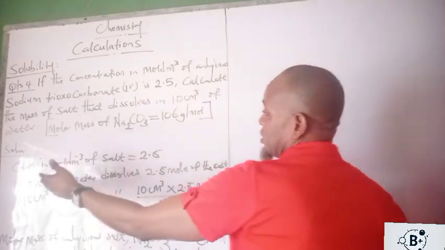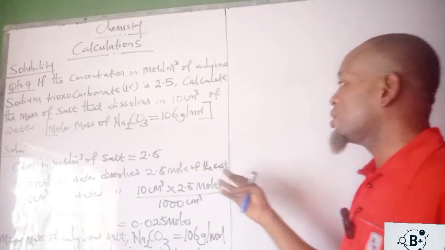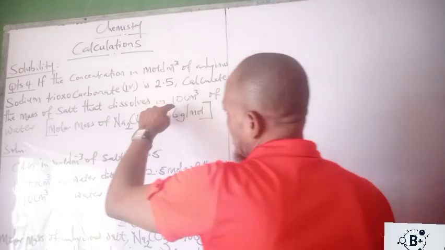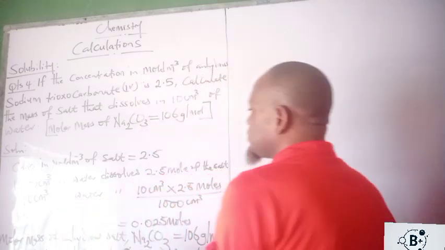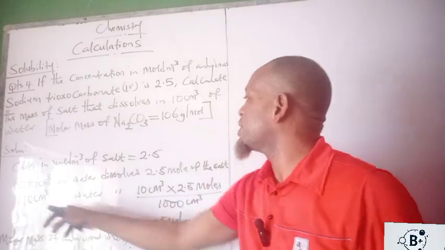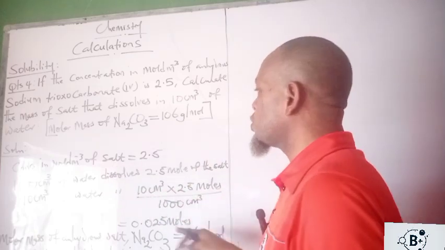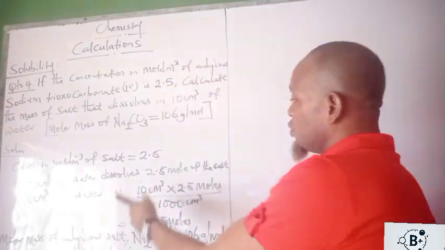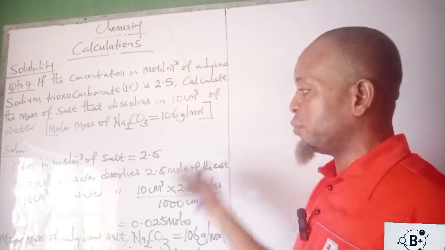So 1000 cm cube of water dissolves 2.5 mole of the salt. Now they ask us how much will dissolve in 10 cm cube. So 10 cm cube of water will dissolve how many moles? That will be 10 cm cube times 2.5 moles over 1000, just arithmetic. Once we do the multiplication, that gives us 0.025 once it is computed.